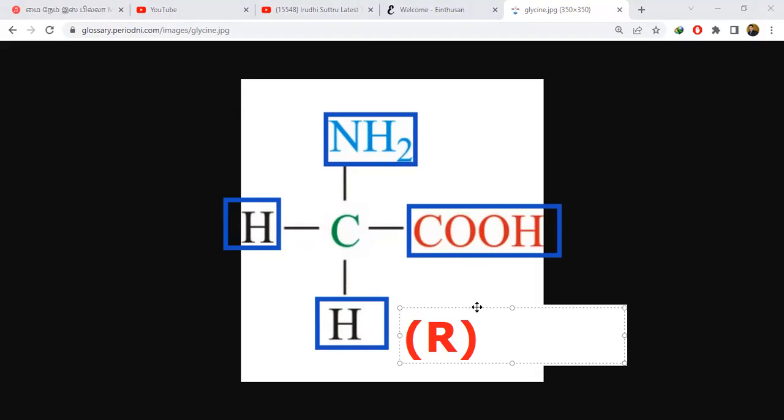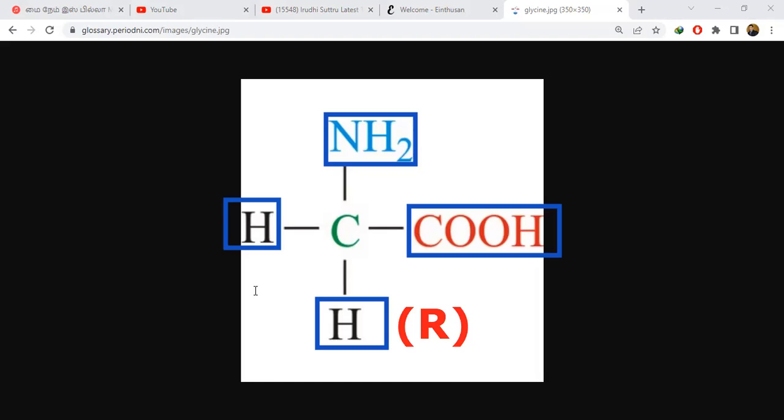Can you call this carbon in the middle an asymmetric carbon? No, you can't. Why can't you call it that way? 2 structures are the same: hydrogen, again hydrogen, correct? So glycine is the only amino acid having what kind of carbon?